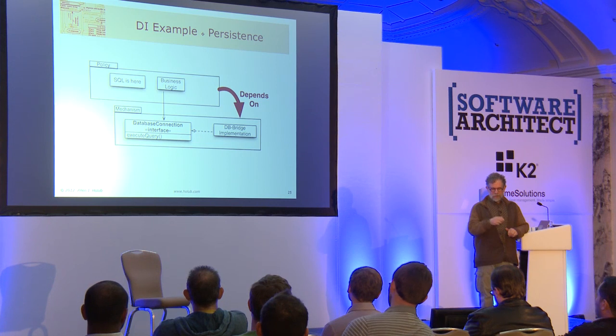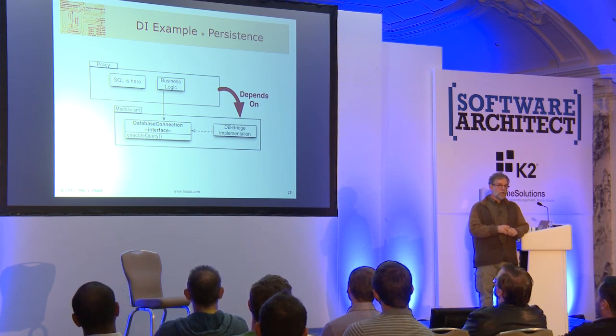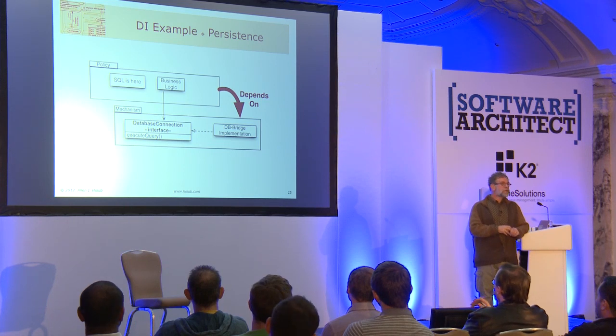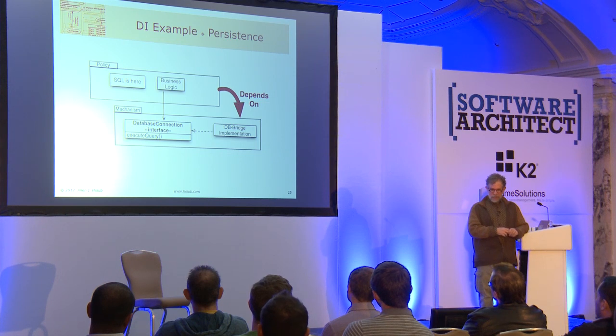So certainly I don't want stuff going in the other direction either. But I don't want minor refactors at my database layer to force me to go in and change business logic. So the dependencies are going in the wrong direction because the business logic here is using an interface that's defined at the mechanism layer.